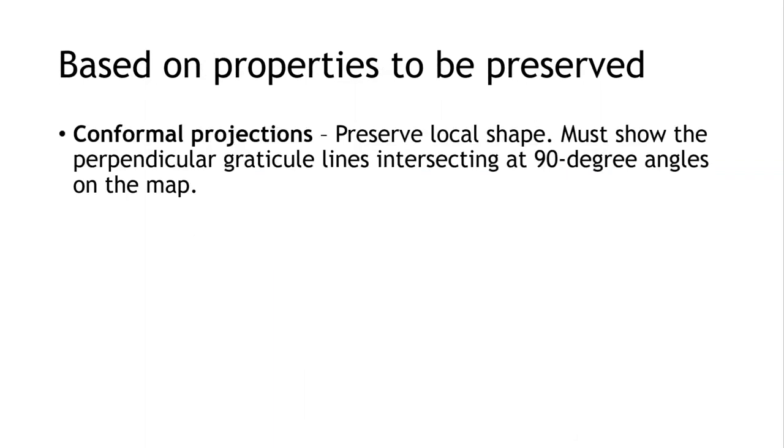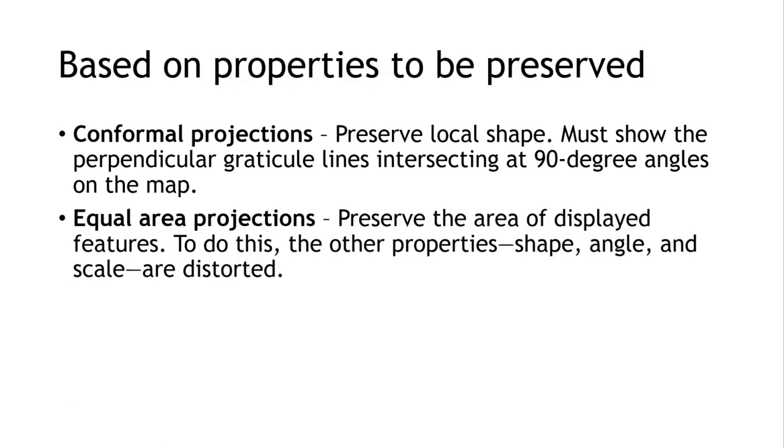Based on the properties to be preserved, the first one is conformal projections. They preserve local shape, and must show the perpendicular graticule lines intersecting at 90-degree angles on the map. This is a unique property as far as conformal projections are concerned. The other one is equal area projection.